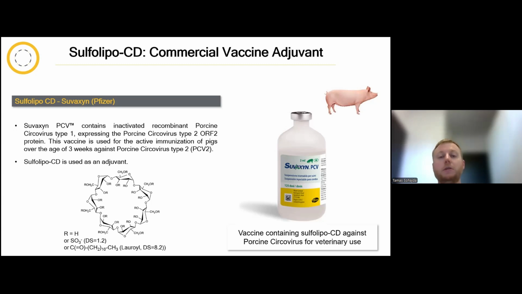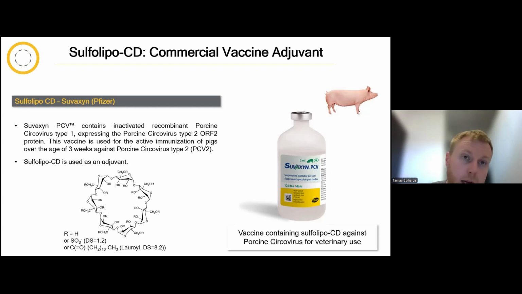And as we'll see, surprisingly, how cyclodextrins are used in vaccines is completely different from their uses in protein formulations, because the first cyclodextrin approved was used as a vaccine adjuvant in a vaccine formulation, so not as a stabilizer or a solubilizer or anything else. This is a veterinary application, but conceptually it's the same as what would happen with humans.